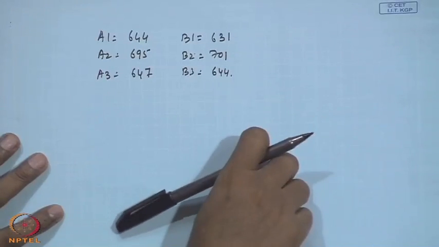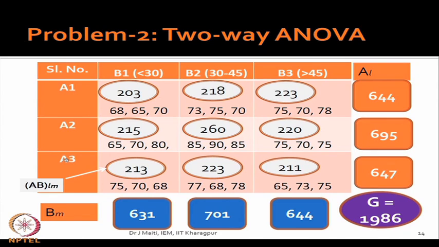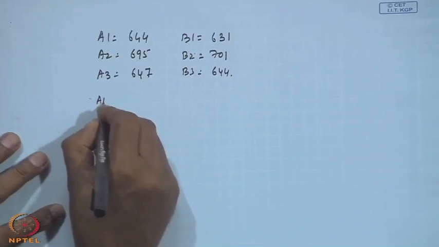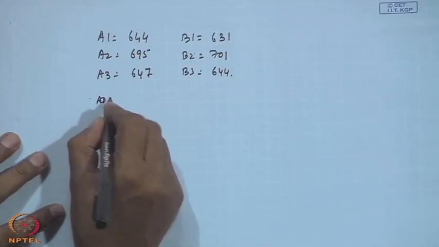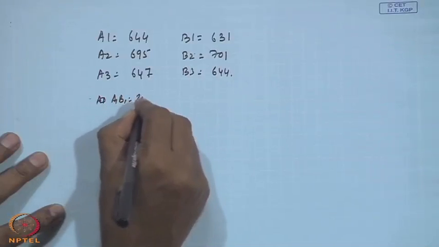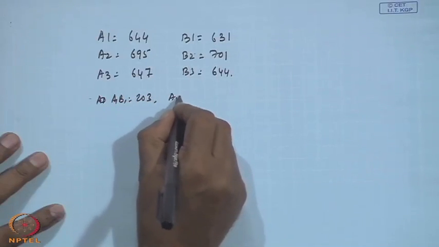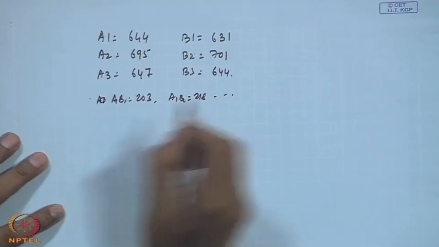Another thing which is equally important here is that we want to see the interactions. So, each of the cells is the interaction part. Now, you are making the sum total of each of the cells, that is the AB part. So, the sum of A1 B1 is 203, A1 B2 is 218, these are all sums.